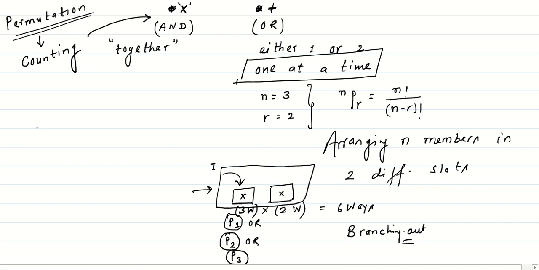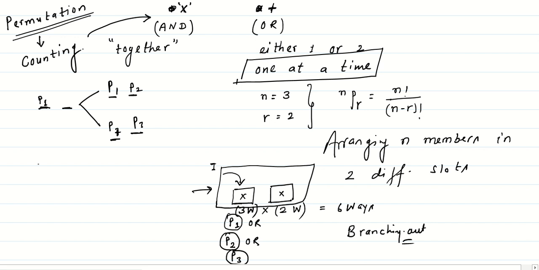Let's say P1 sat at the first place. For the second slot, 2 are available. If P1 is there, the second can be P2, or P3.